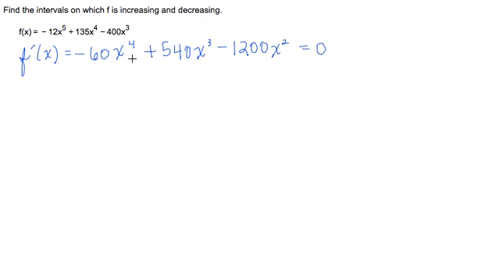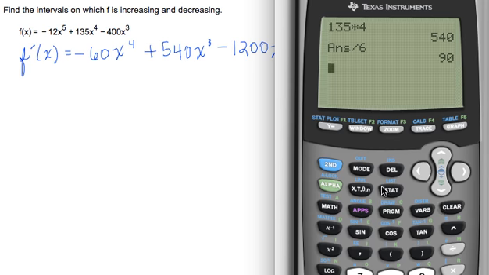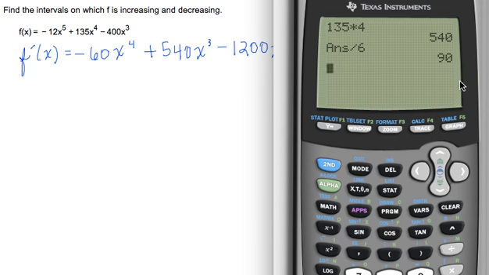To solve for the critical values, we need to solve this equation. First off, is 540 divisible by 60? Yes, nice.